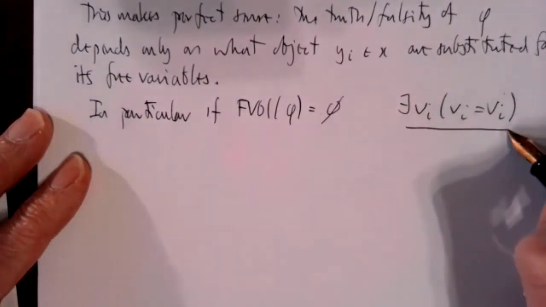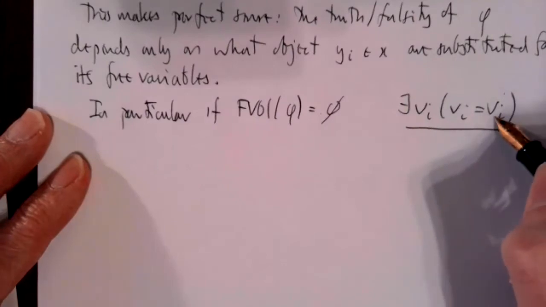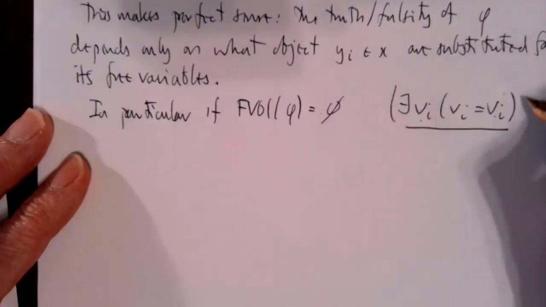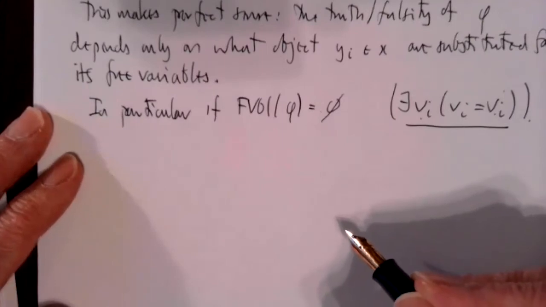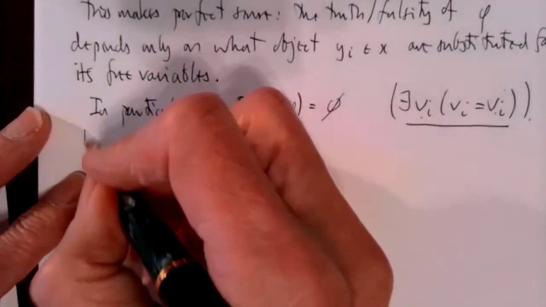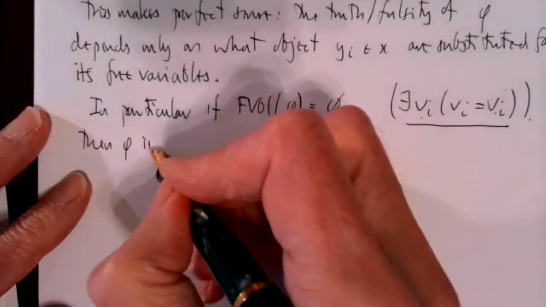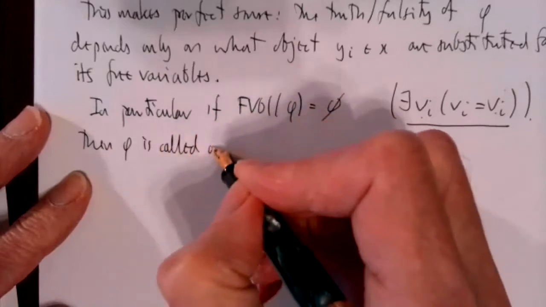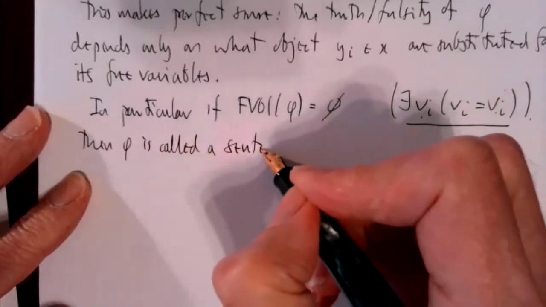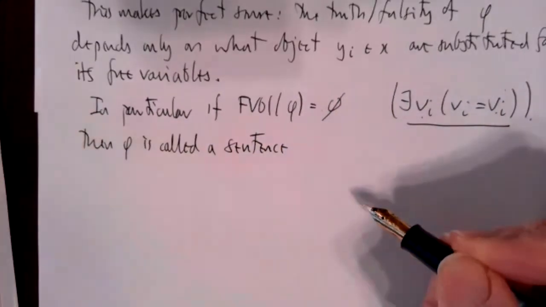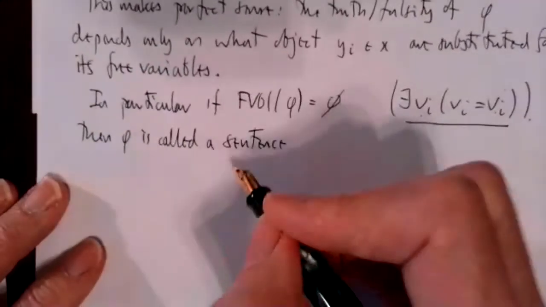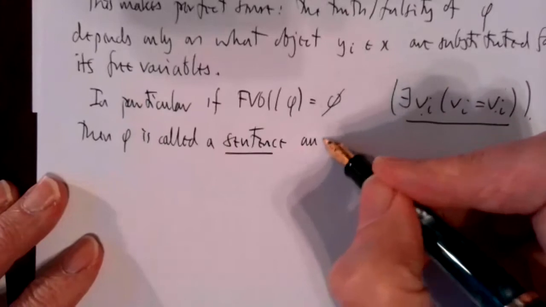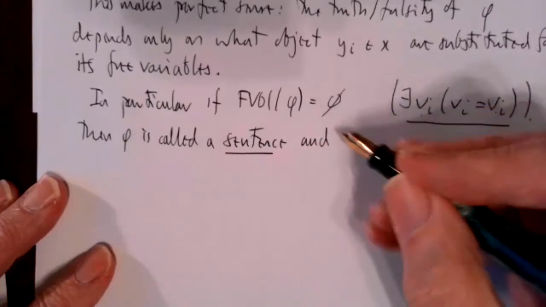Okay, no free variables in there. This variable is bound by this. Then phi is called a sentence. So in logic, we would say a sentence is one without free variables. And the assignment functions are irrelevant.